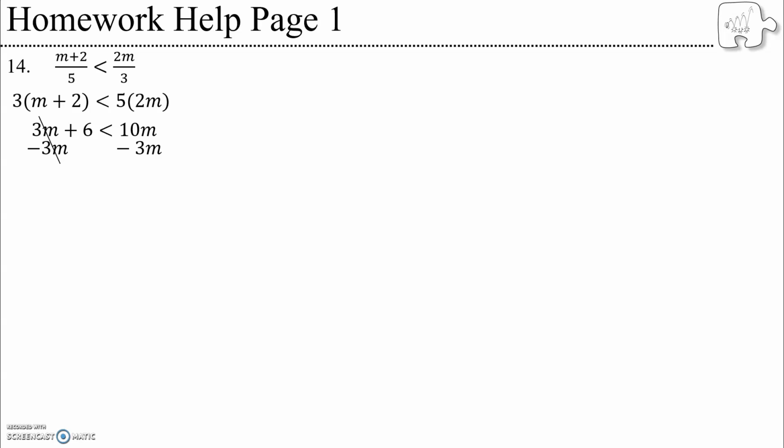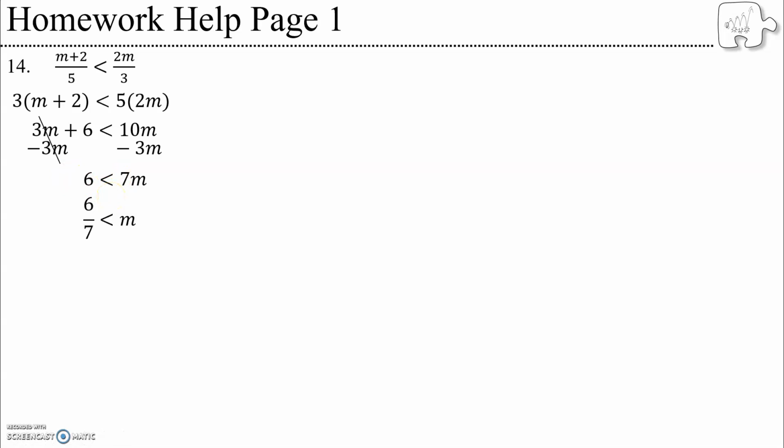And then we're left with 6 is less than 7m. Now we got to divide both sides by 7. So we get 6 over 7 is less than m. And since we divided by a positive 7, nothing's going to change.